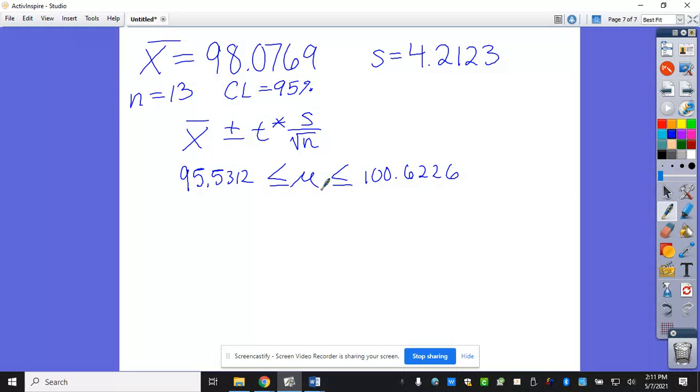So their claim is mu equals 100. Where does 100 fall? Between our confidence interval, which means that we failed to reject. So it does fall where we would want it to, so we failed to reject.